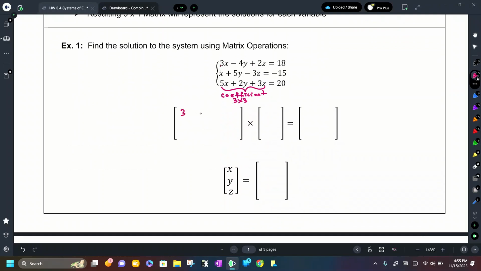So we have 3, -4, 2, 1, there's a 1 in front of that x, 5, -3, 5, 2, and 3. If I was missing, say, this 2z right here, then instead of a 2, I would put a 0 right there. So you have to have that placeholder. So that's our coefficient matrix.